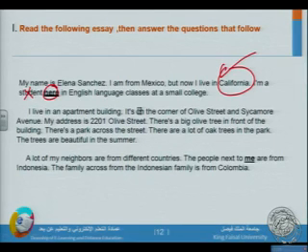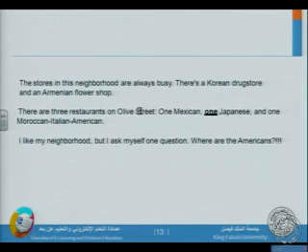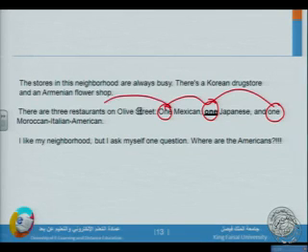Okay. Me. مين المقصود في me? Elena. Next to me. أنا Elena. For example, we have 3 restaurants in Olive Trees. 3 restaurants. 1 Mexican, 1 Japanese, 1. كل هذه ones refers to restaurants. Okay?